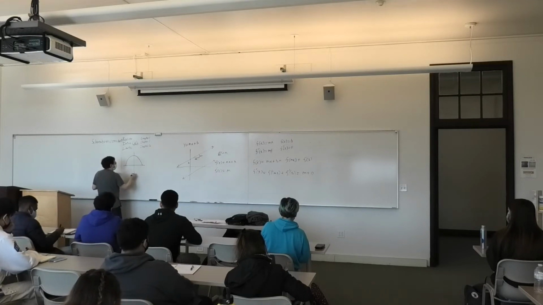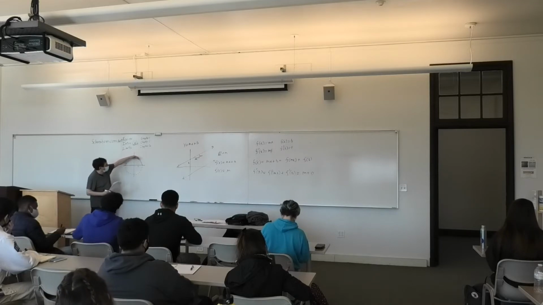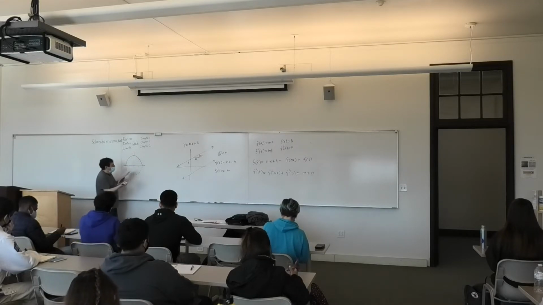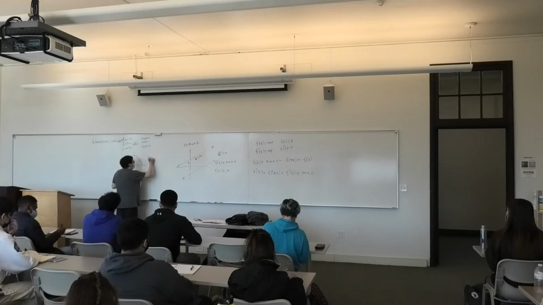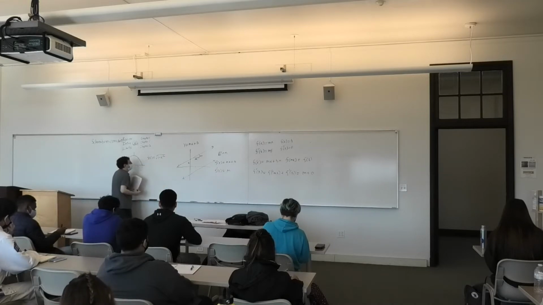This is a circle of radius 1. But I'm only interested in the upper half because I want it to be a function. So in that case, f of x is the square root of 1 minus x squared.